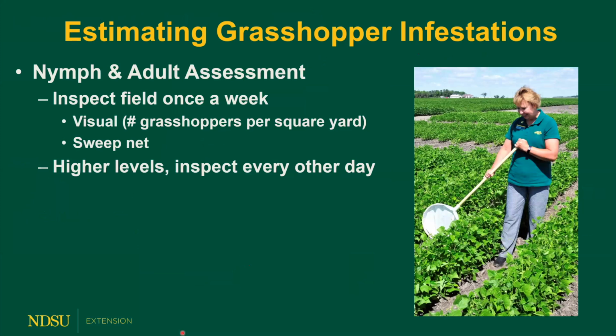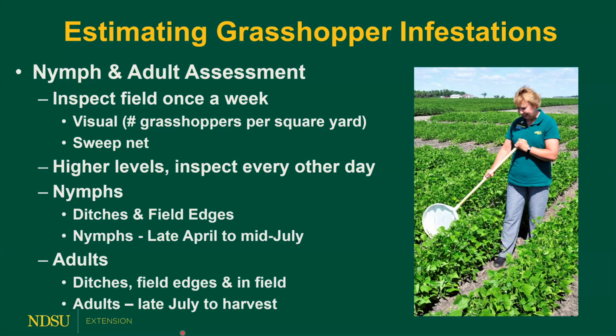There's several different ways you can assess grasshoppers. One is visual, but if you have high populations, it's difficult to count the number of grasshoppers in a square yard. You can also use a sweep method, which is a little more convenient for sampling for grasshoppers.